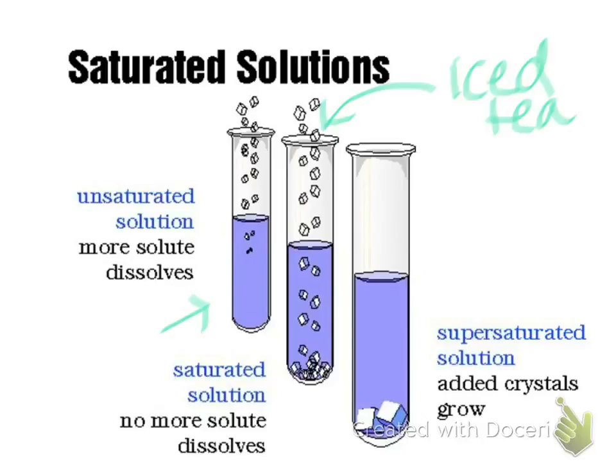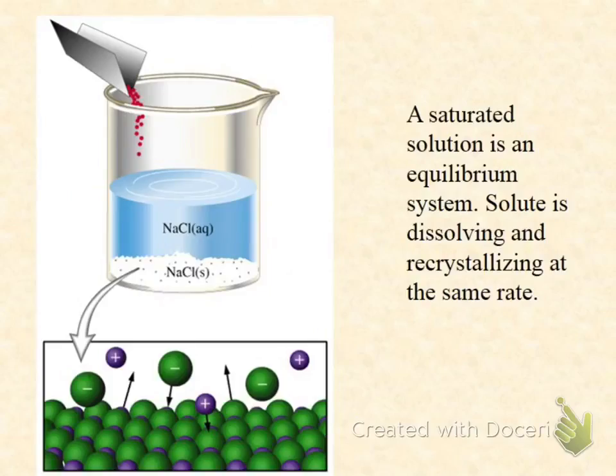Okay, a supersaturated solution. Say that 3 times fast. Is where you can grow the bigger crystals and they recrystallize because you heated it up, dissolved more than you should, and then cooled it back down. Again, we said this earlier, that the saturated solution is at equilibrium.